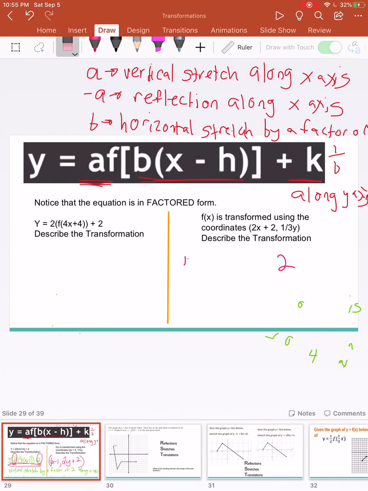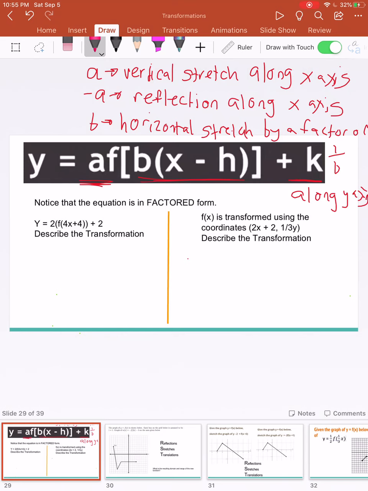And then we'll try this next question here. It says f of x is transformed using the coordinates 2x plus 2, 1/3. Because we have the mapping coordinate, we're going to describe the transformation as is. The mapping coordinate is always directly how you would map the graph, so it's exactly as it looks.